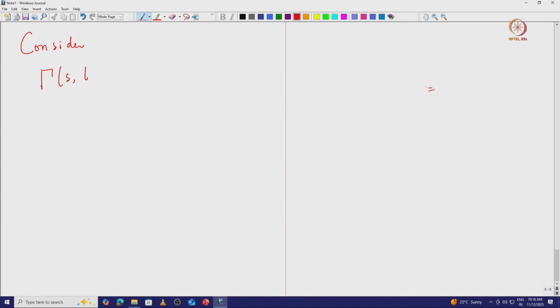Consider gamma of S t as simply the exponential at sigma of S.